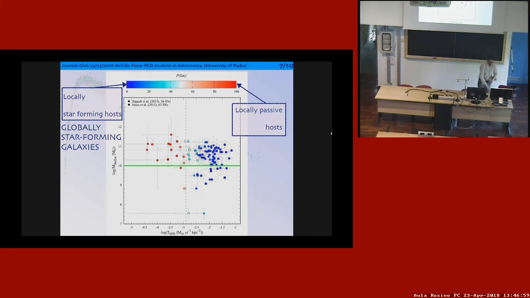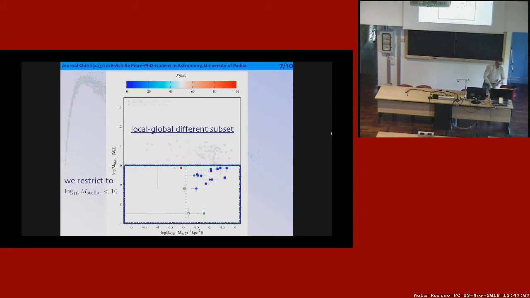And you see that if we restrict our sample to stellar masses lower than 10 to the 10th solar masses, so we exclude this so-called locally-globally different subset, we can be almost sure that all the globally star-forming galaxies are also locally star-forming galaxies, if we want to compare just locally star-forming and locally passive environments.